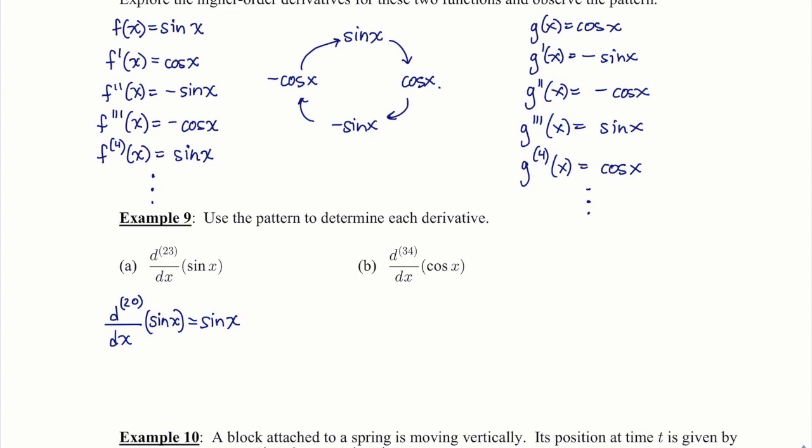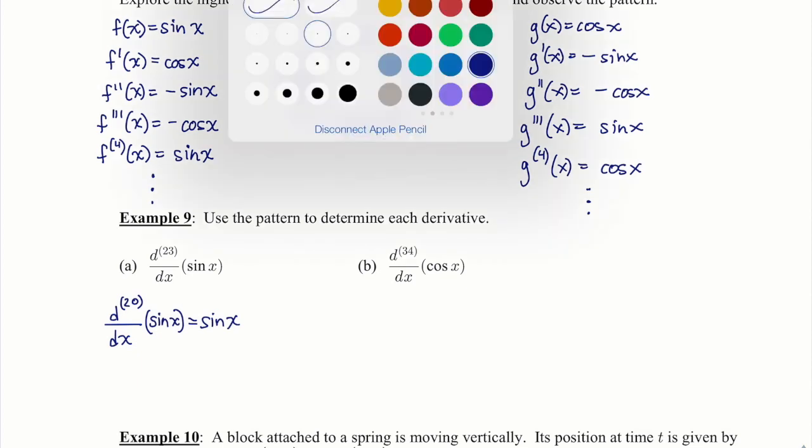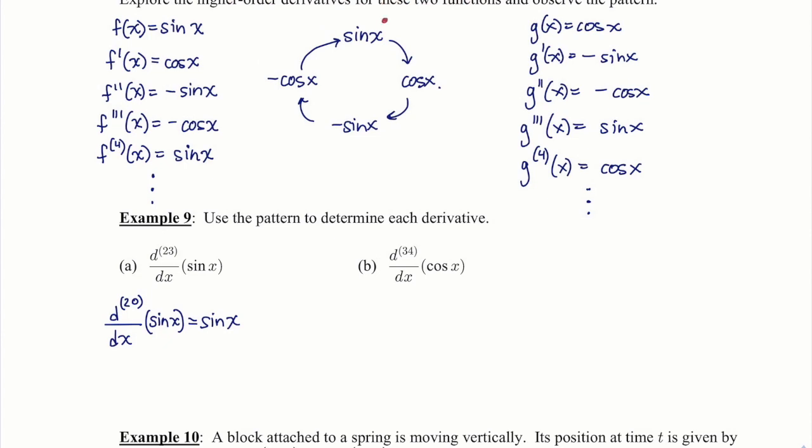Because the 4th derivative, the 8th derivative, the 12th derivative, and so on, every multiple of 4, I'll be back to sine. So the 20th derivative is going to be right here. So 21 would be here, 22 would be here, and 23 would be at negative cosine of x.